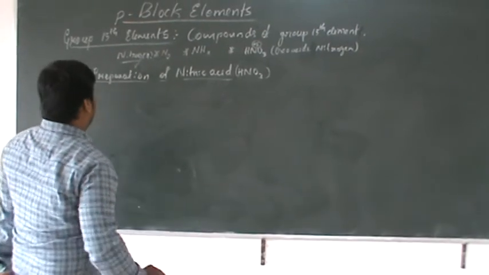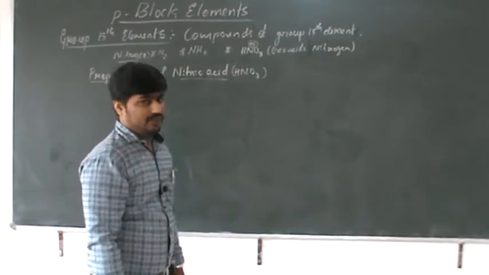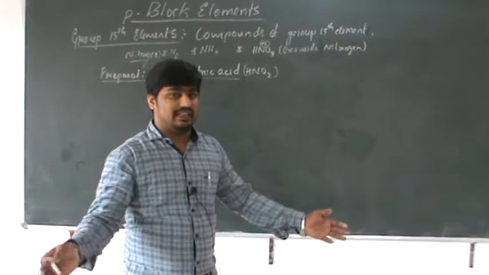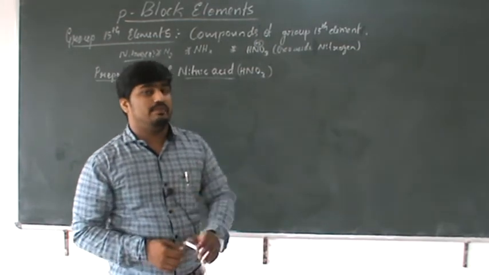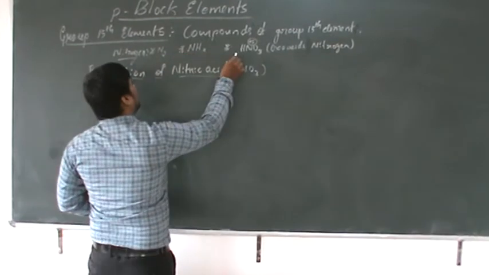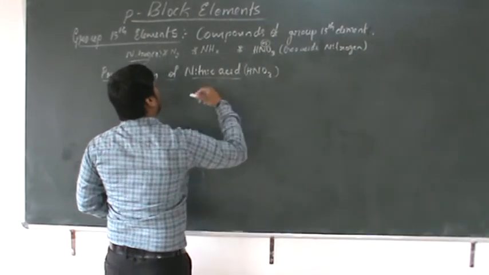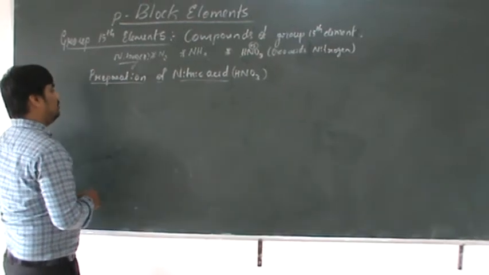The industrial scale preparation of nitric acid. Industrial scale preparation means a large quantity of nitric acid is prepared from ammonia. Then what is the method of preparation of nitric acid from ammonia?